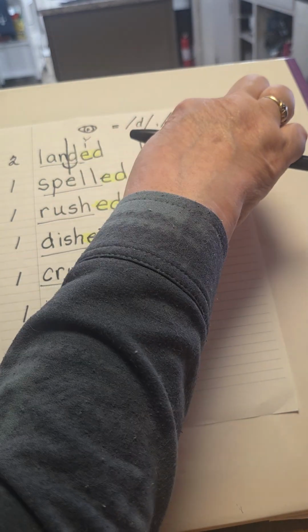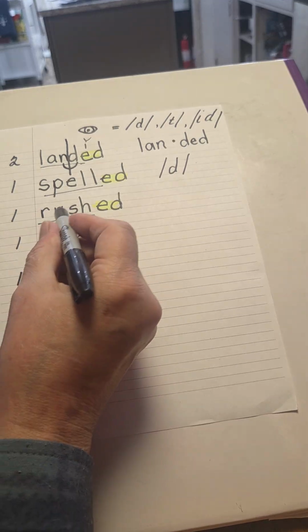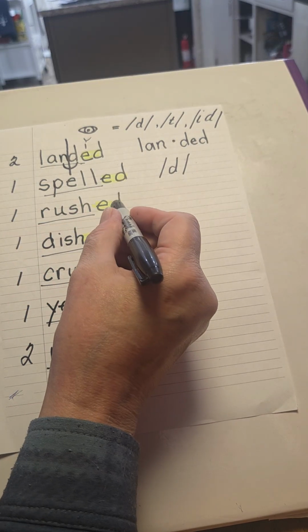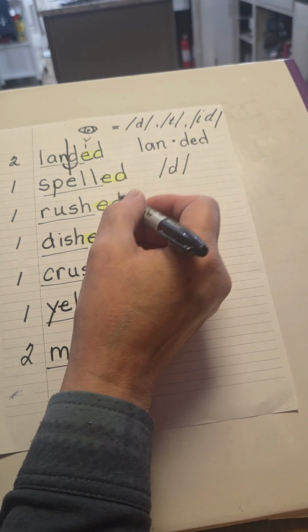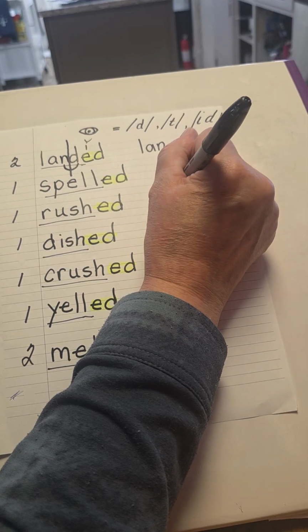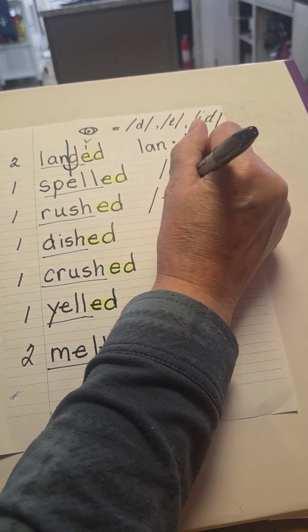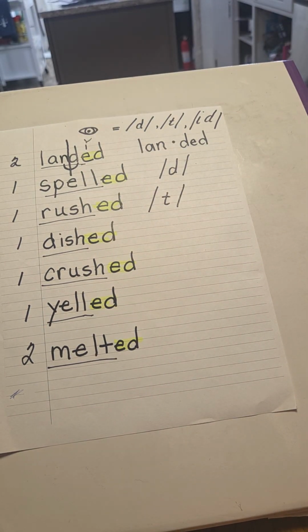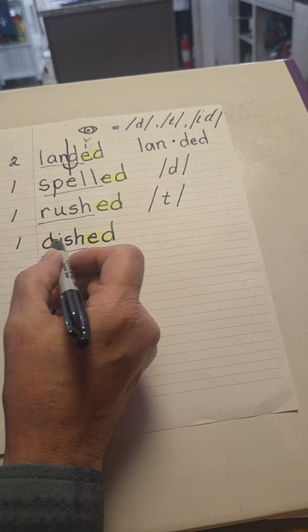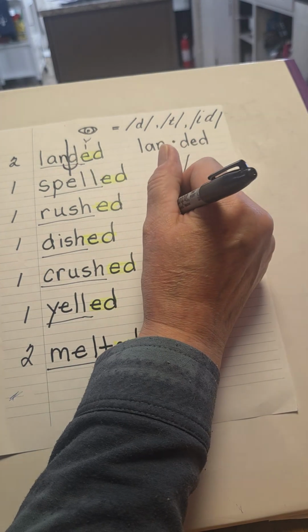D, t, id. Rushed. I don't hear the E, and I don't hear D. I hear t, a little t. Now that's crazy, right? We can't sound that word out. We have to be aware it's an ED. Dished. Again.